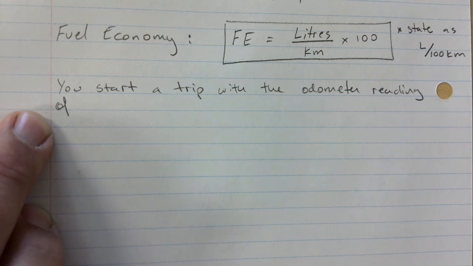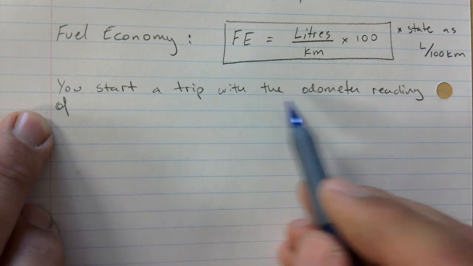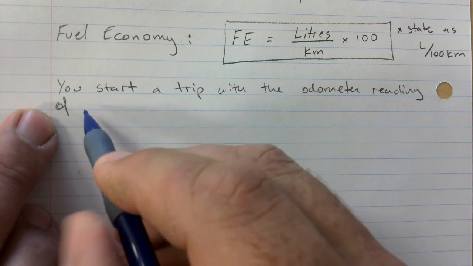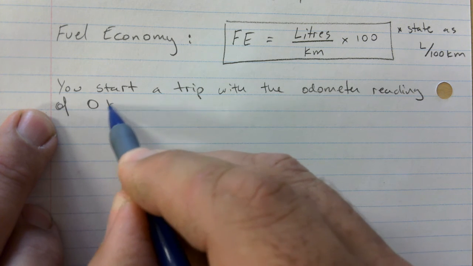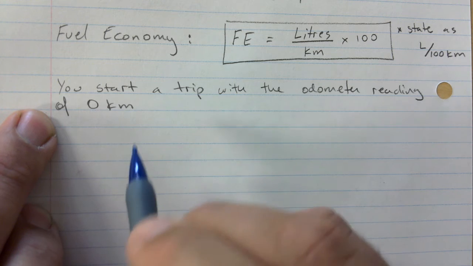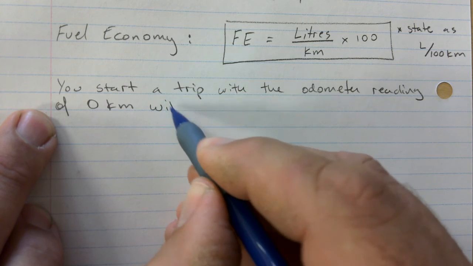Then they don't need to look up all the time. So I'm not crazy, okay? Trip with the odometer reading of 0 kilometers, okay, with a full tank.